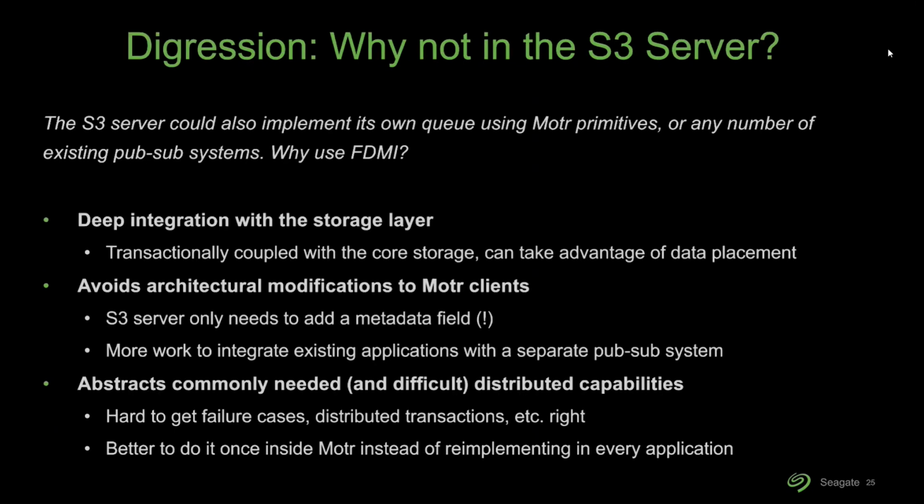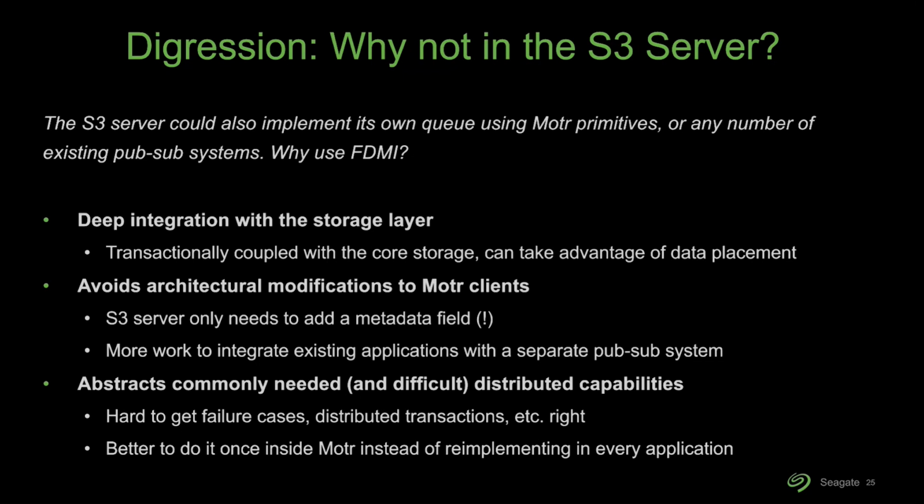So one little digression here is, why didn't we do all this in the S3 server? Motor provides a number of primitives that we could use to implement, say, a queue here and do something similar, or we could use an existing pub sub system. So why is FDMI better than doing that? A key point is that it's deeply integrated with Motor.